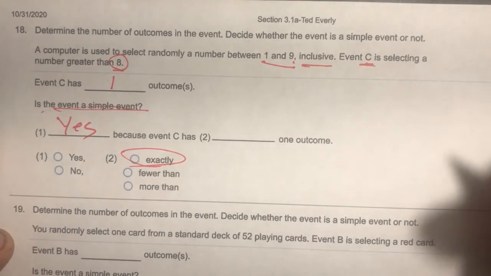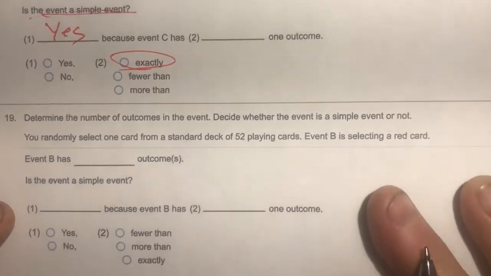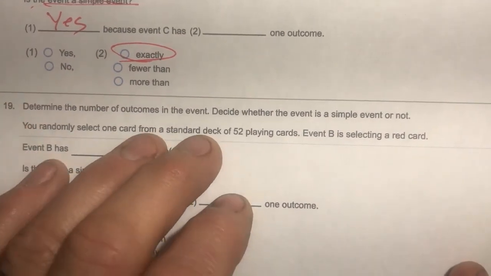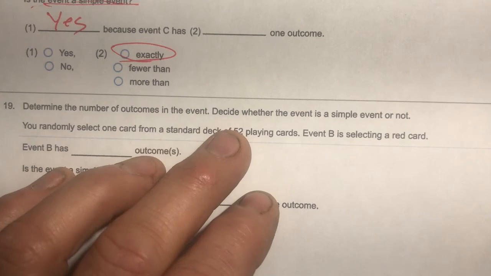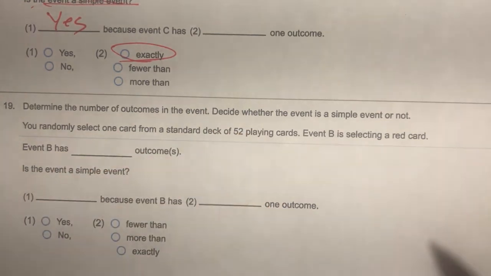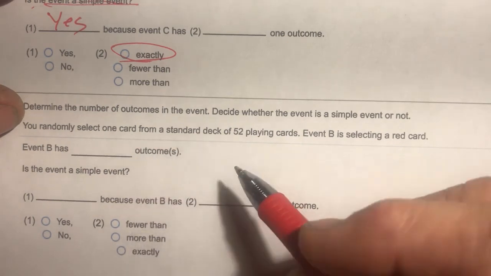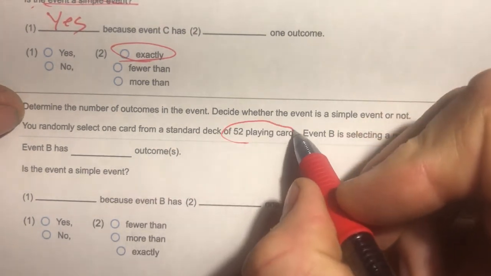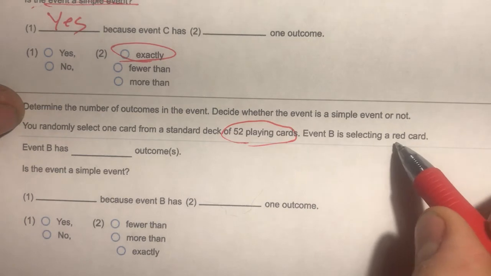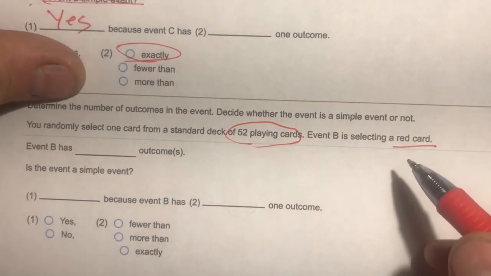Okay? What about 19 here? Determine the number of outcomes in the event. Decide whether the event is simple or not. You randomly select one card from a standard deck of 52 playing cards. Event B is selecting a red card. Okay.